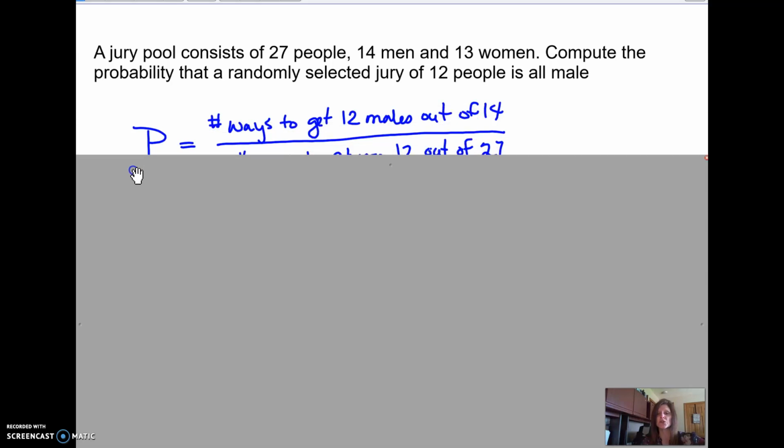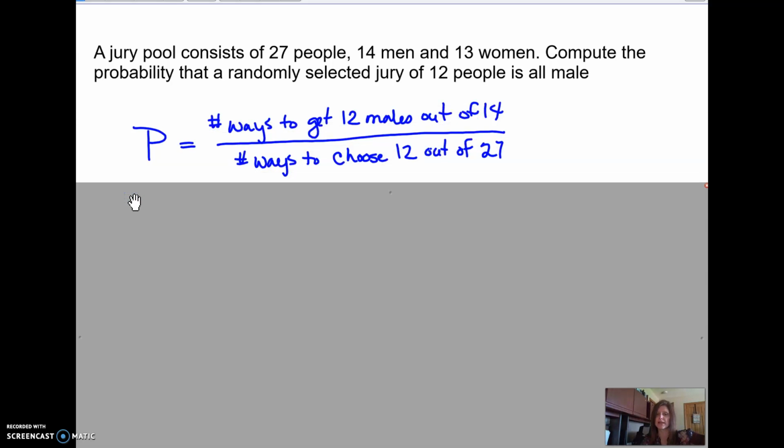So for the top, I'm looking at the number of ways to get 12 males out of the 14. You have 14 to select from, and how many different ways can I choose 12 of them? And then for the bottom, it's how many ways can I choose 12 out of the entire group of people, which is 27.